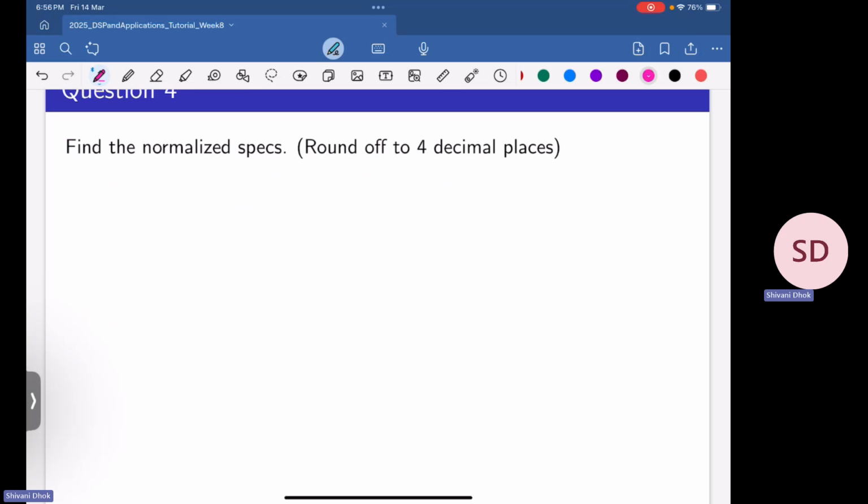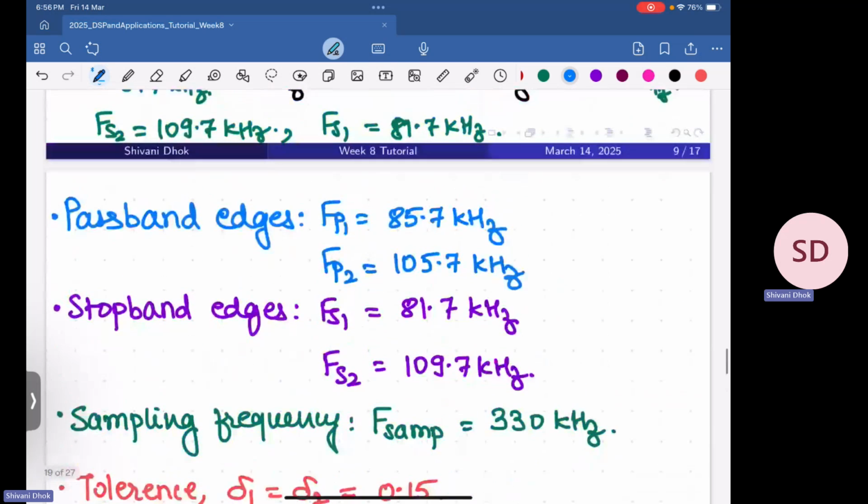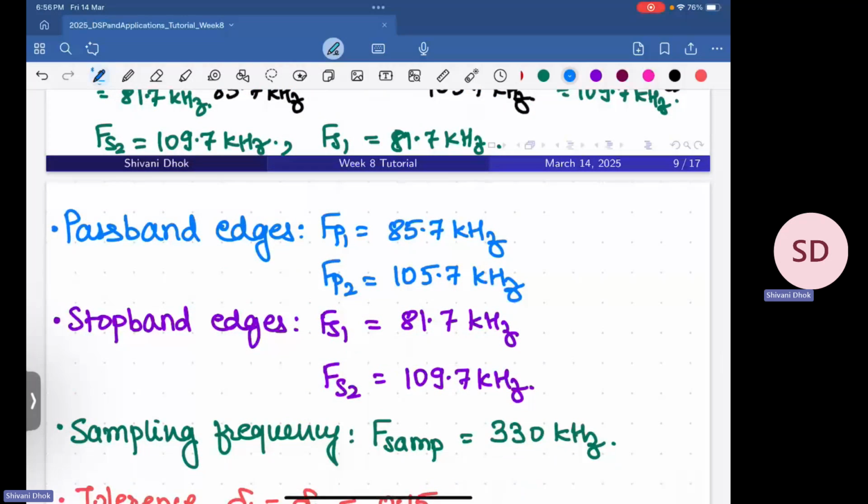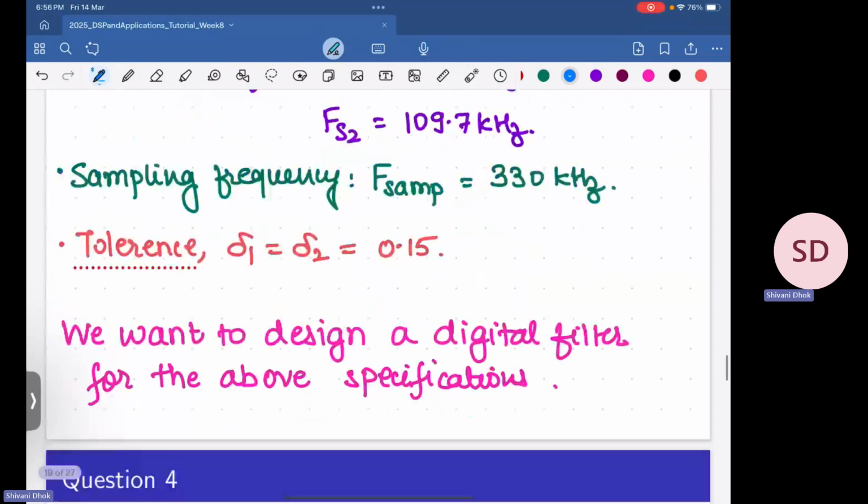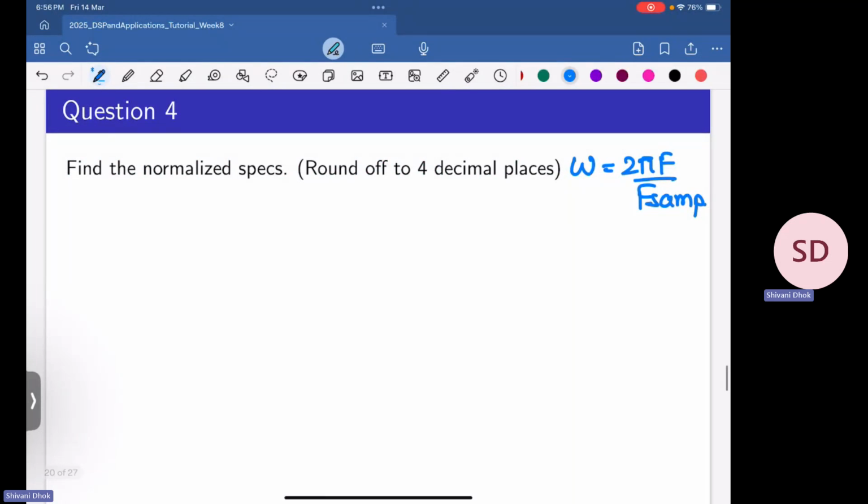The first thing we need to do is find the normalized specifications, that is, we need to find omega as 2 pi f by f sam using this formula. Using these values, we'll find our normalized specification. Let's start with the passband edges.